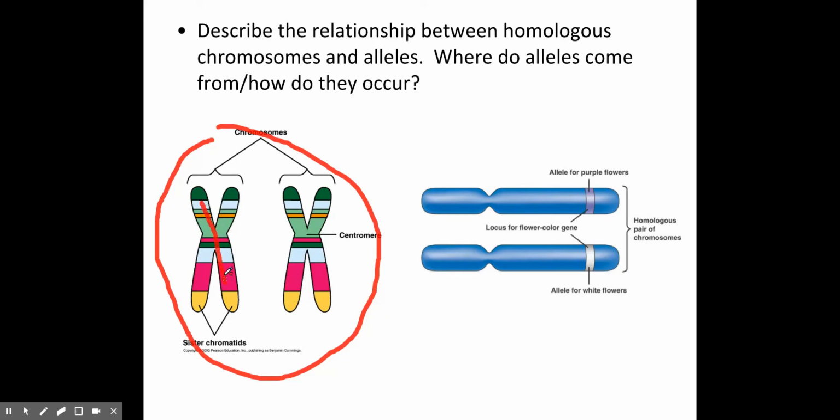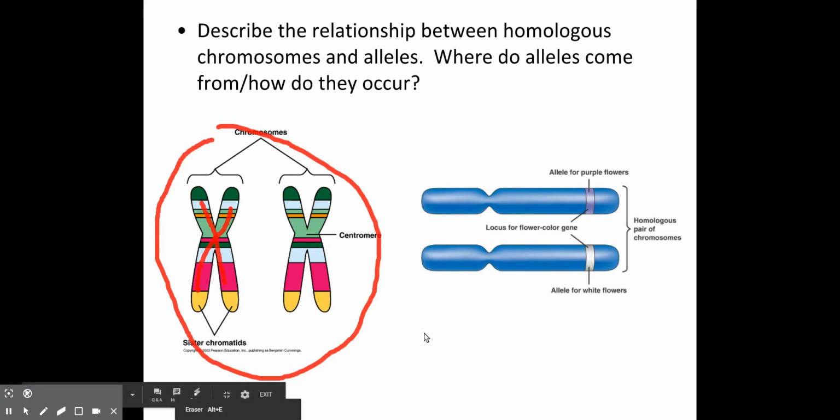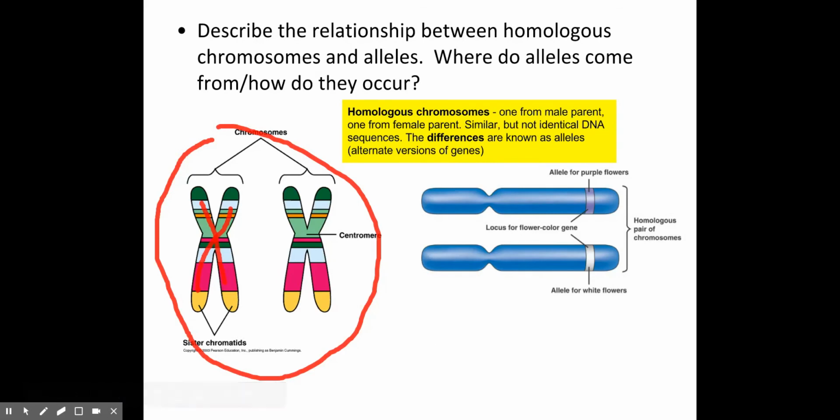And those homologous pairs could be made of sister chromatids, so there's actually 4 sets of DNA in this picture, or they can be made of single chromatids, and that would be before DNA replication. In any case, they're still homologous pairs because they're the same size, they have similar banding patterns, and they're going to contain similar but not identical sequences of DNA.